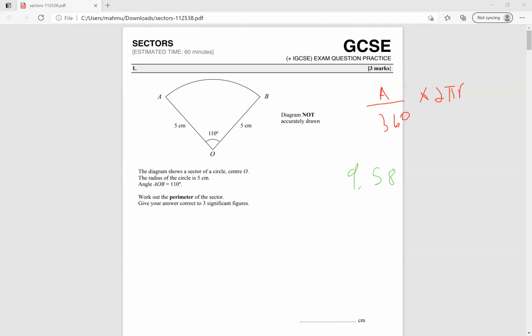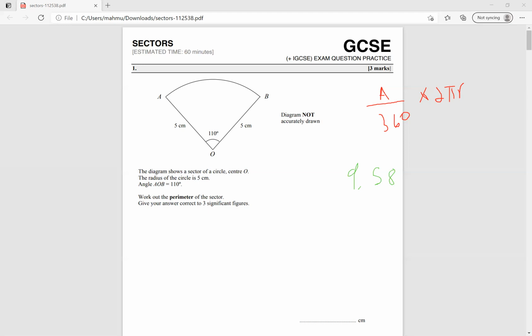Calculate sector arc perimeter. Okay, just want to see if I've got the equation right. Yeah, so 2 pi r, do 4 significant figures. So that's not giving angle. All right, let's do angle here.